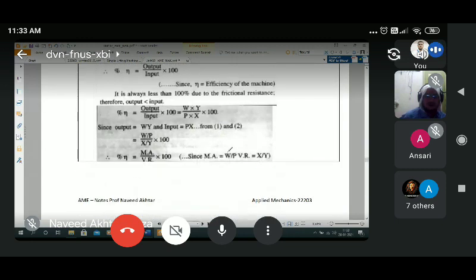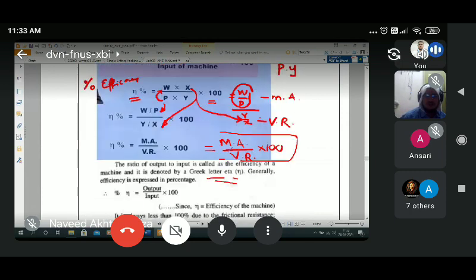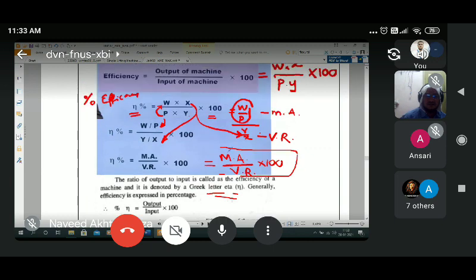Mechanical advantage is the ratio of load to effort applied.